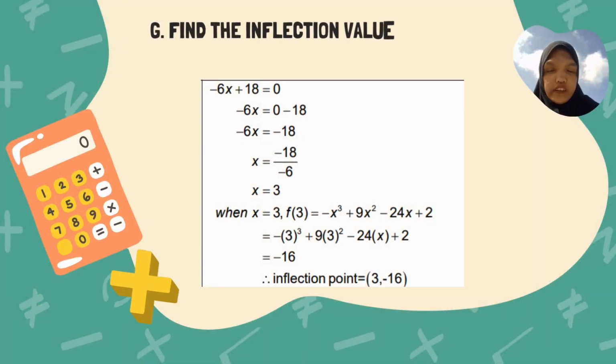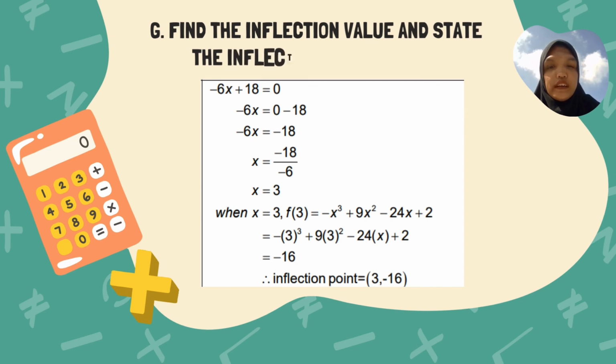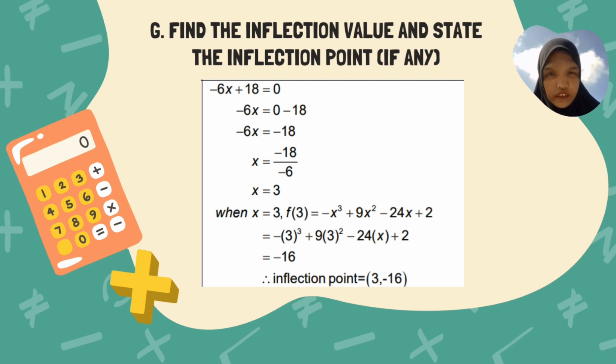Okay, for question G, the question needs the inflection point. We can get the inflection point by setting negative 6x plus 18 equal to 0, negative 6x equal to 0 minus 18, negative 6x equal to negative 18, x equal to negative 18 over negative 6, and x we will get 3.